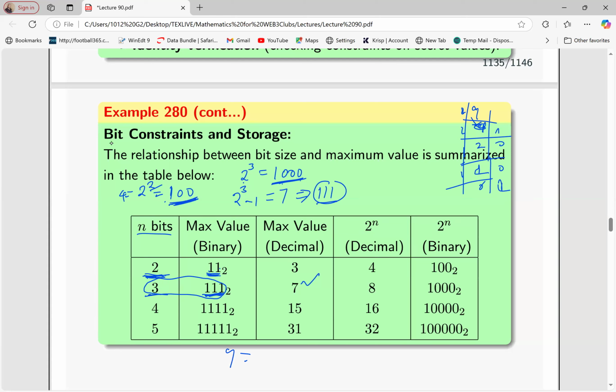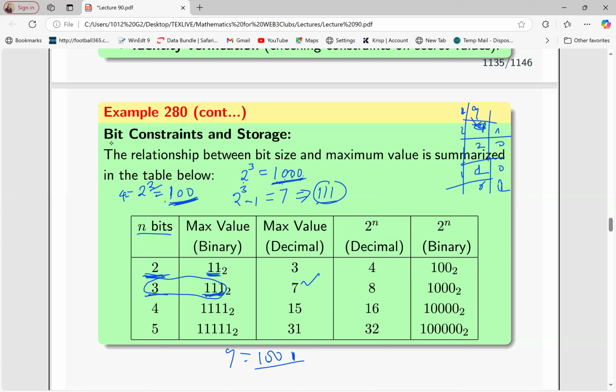Writing it from the bottom, 9 would be 1 with the 2 zeros, then 1. That's a 4 bit. Now, the beginning point of the 4 bits is 1, 0, 0, 0, then from there I would have 9, which is 1, 0, 0, 1.